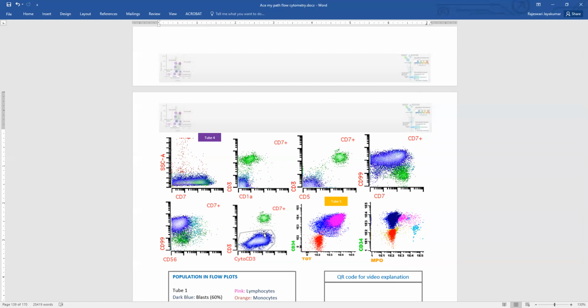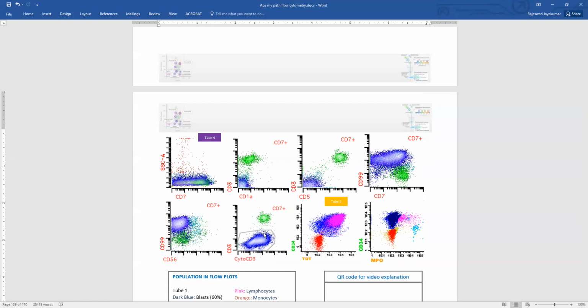And there are some myeloid associated markers like CD117 and CD13 that are positive. CD117 and CD13 are not specific for myeloid, although if everything else is absent, that is, all lymphoid markers and monocytic markers are absent, when CD117 is positive, we can just call it myeloid leukemia.